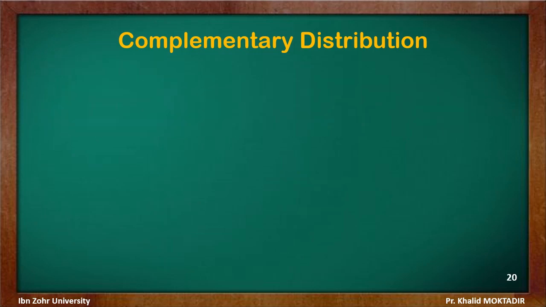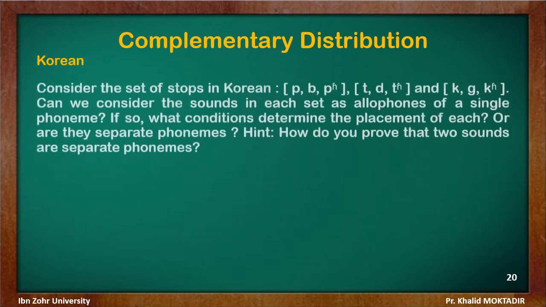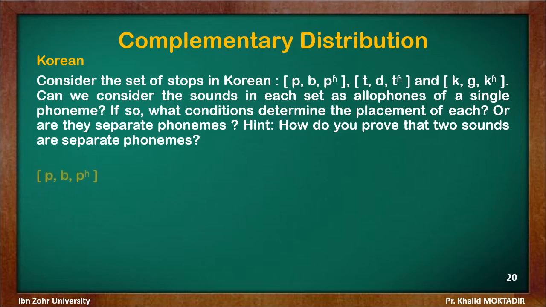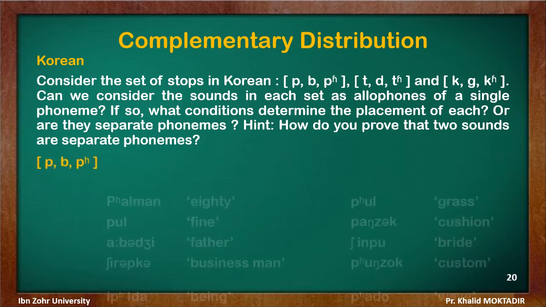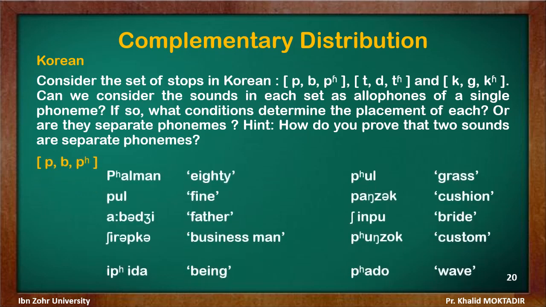But now your last problem in this section is on Korean, and it's about different stops. They have variants for each of the stops, the bilabial stop and the alveolar and the velar, each one of them having different variants.